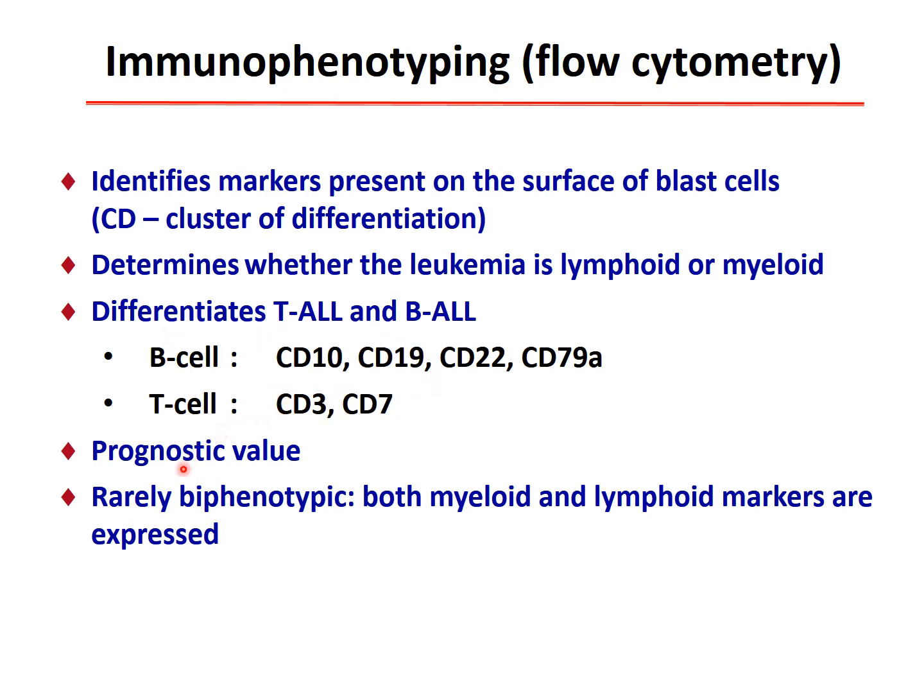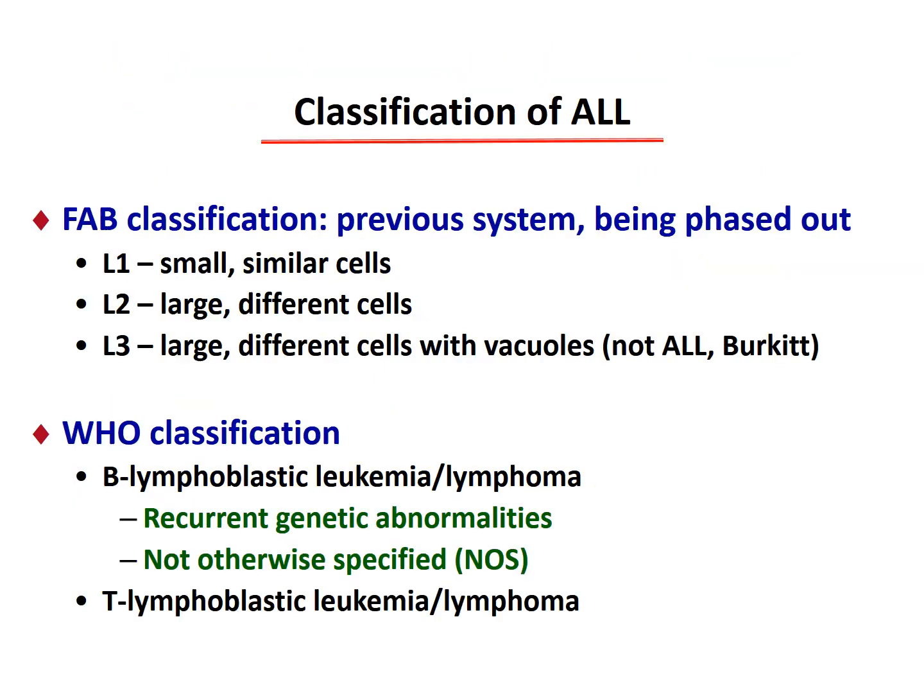Now, the immunophenotyping is very important. Of course, sometimes you have cells that have both myeloid and lymphoid markers on the surface, which are usually less matured, more aggressive cells. But we have to do some other classifications as well.